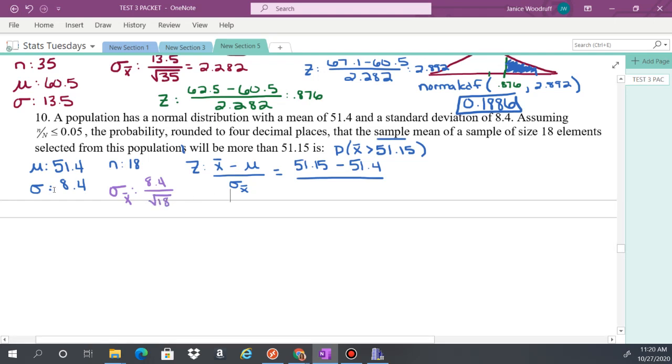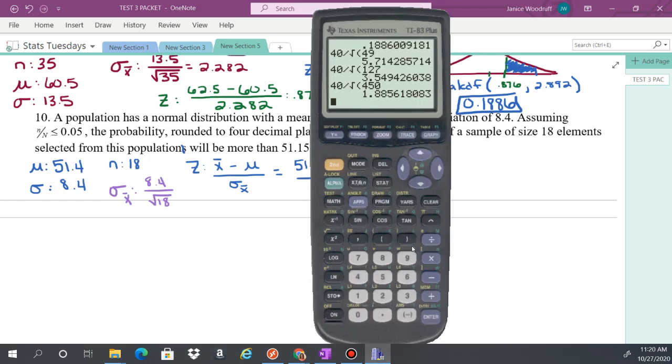Okay, so standard deviation of the population over the square root of the sample size. So 8.4 divided by the square root of 18. So I'm getting 1 point, it's probably going to be 980 there, or 97. Let's do 9799.